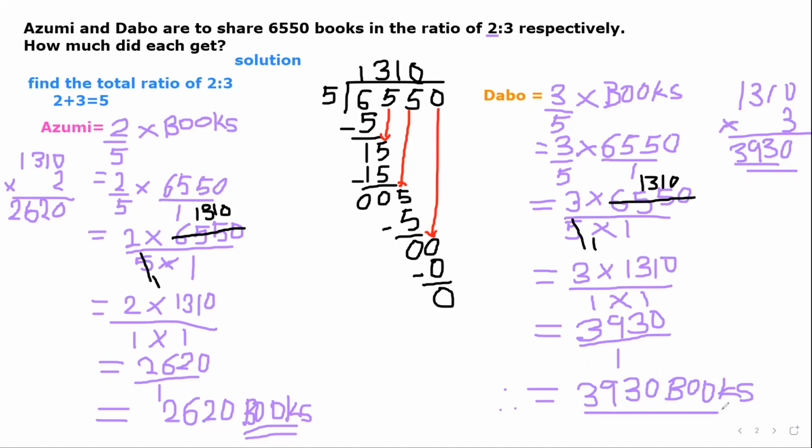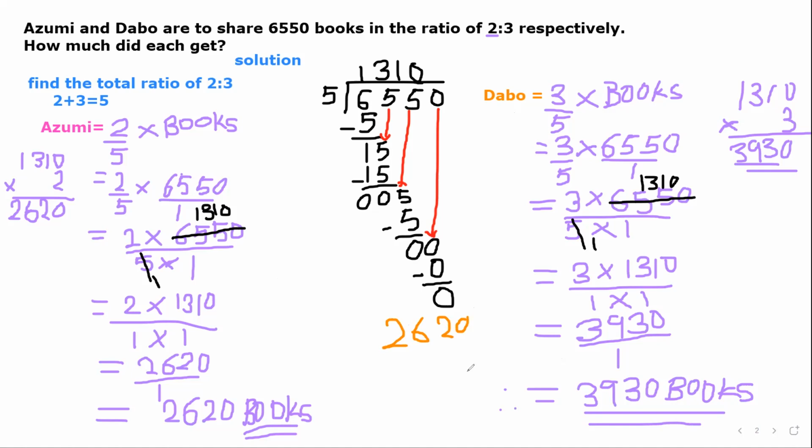So that is the share of Double's books. When you finish, you add the two quantities to double check whether what you have done is correct. Now we have 2,620 books, which was allocated to Azumi.